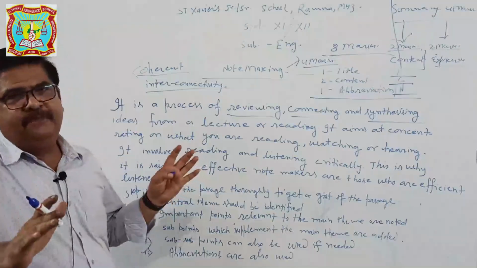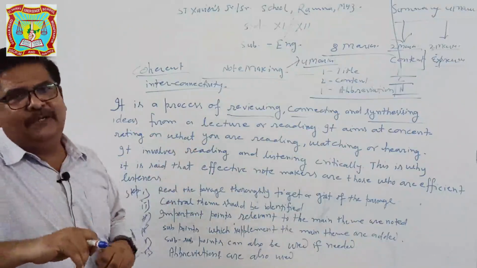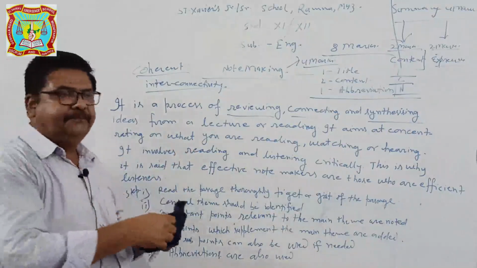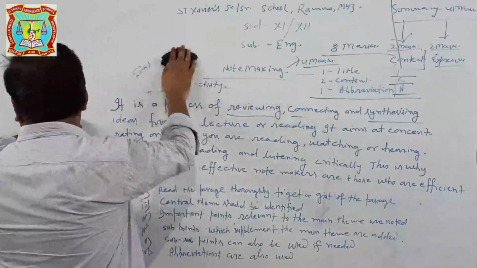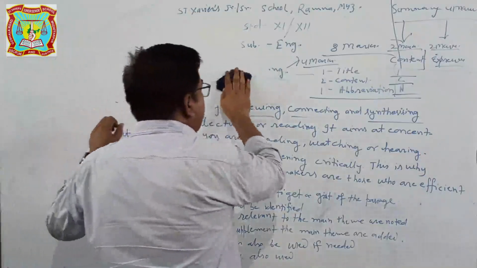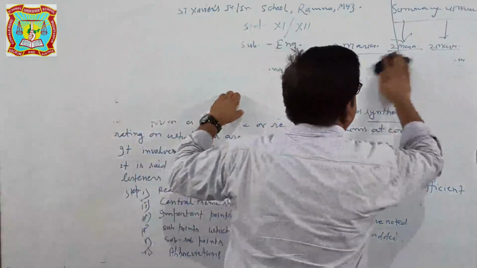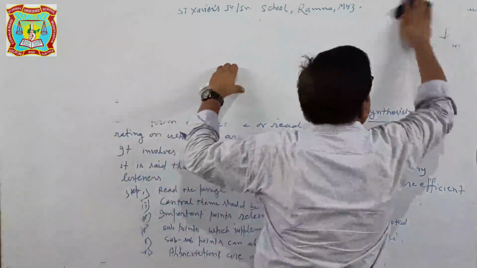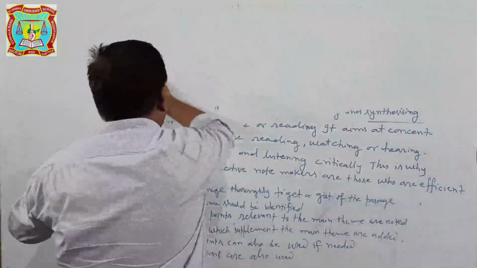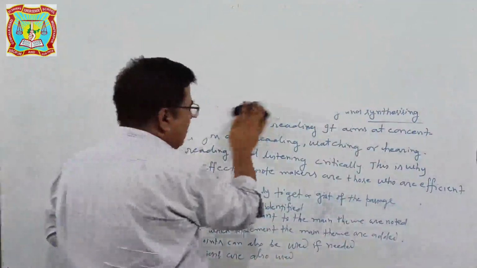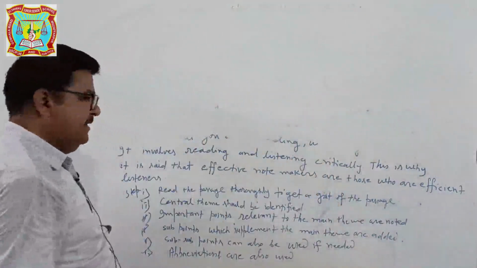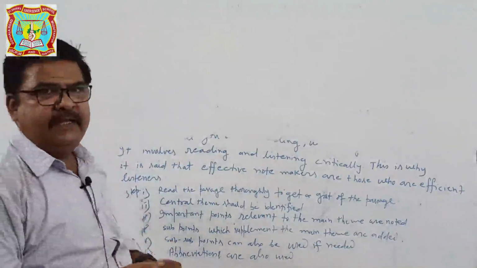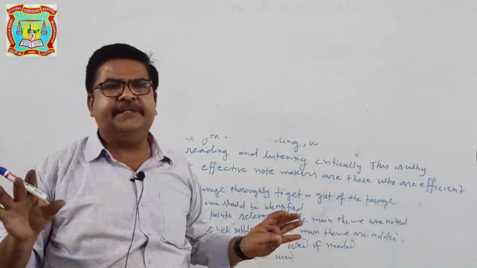So now, what do you have to do for making a note? I must tell you, you will have to follow a definite format for that. See, for making a note, first of all, you are supposed to read the passage.